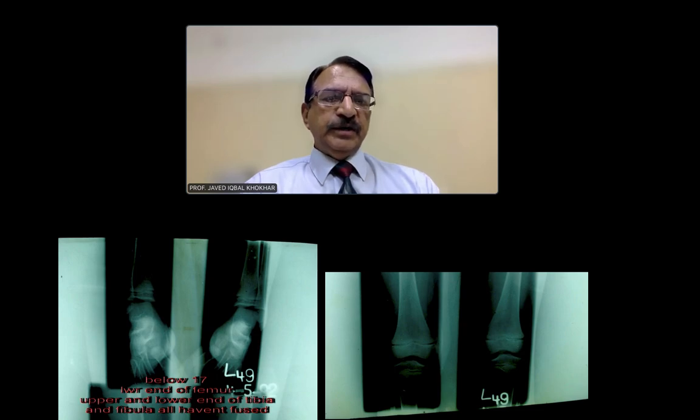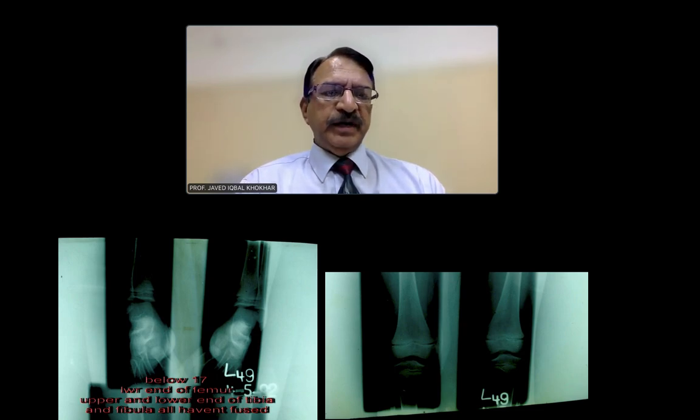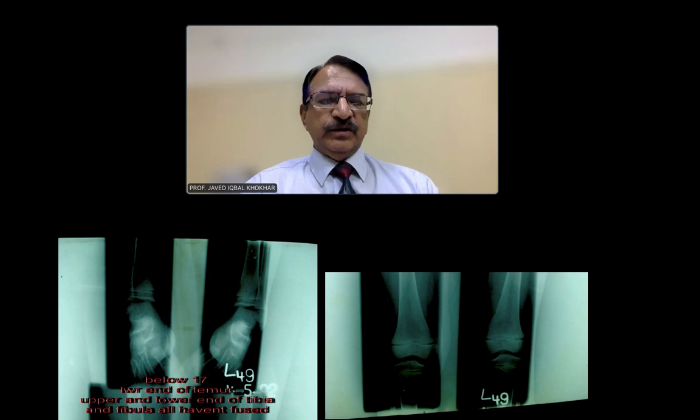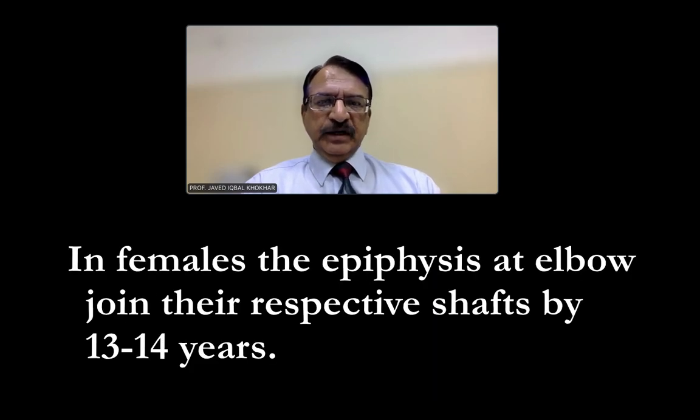The knee joint shows that the lower end of the femur and upper end of the tibia are not fused, and the ankle X-ray shows that the lower end of the tibia is not fused. So it is below 17. In females, the epiphyses at the elbow join their respective shafts by 13 to 14 years.